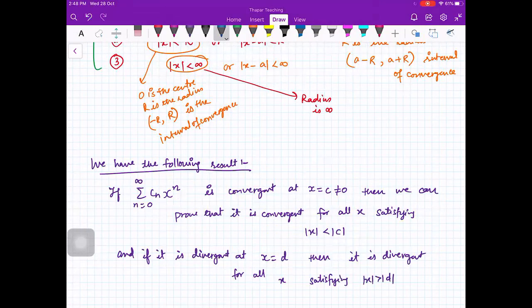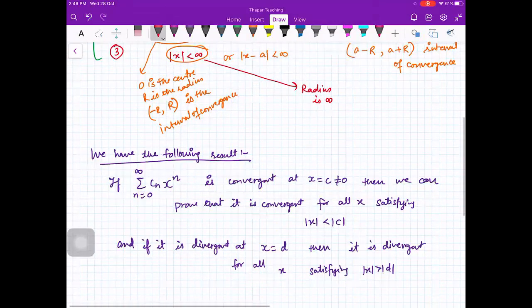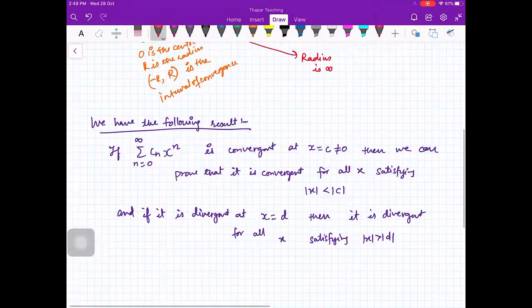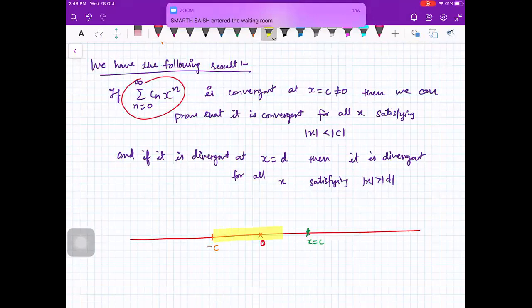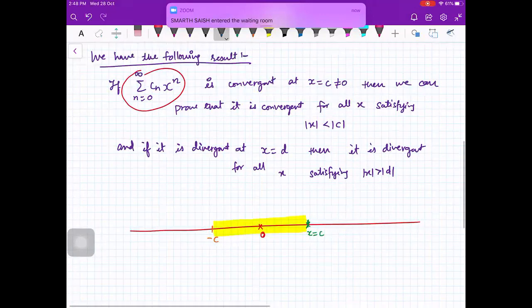So what do we mean by this theorem? Here we are saying, suppose you have this series and on the number line, 0 is the center, and suppose you find some point x is equal to, say, c, at which you are sure that your series is convergent. Then for sure in this region from minus c to c, your series will be convergent.